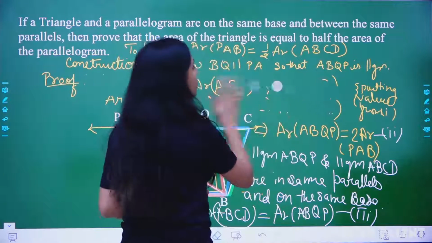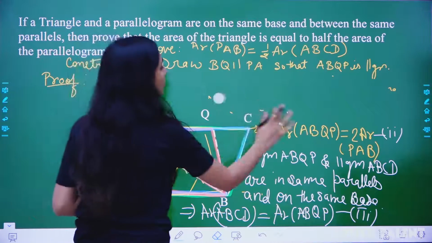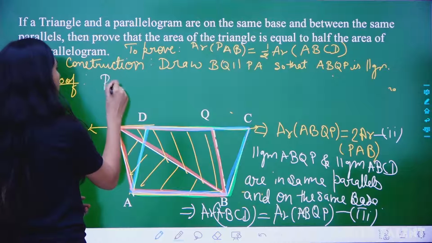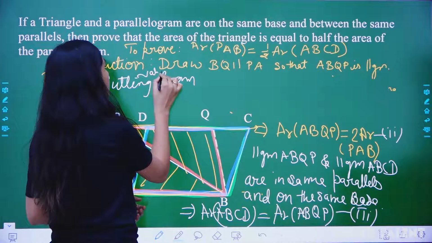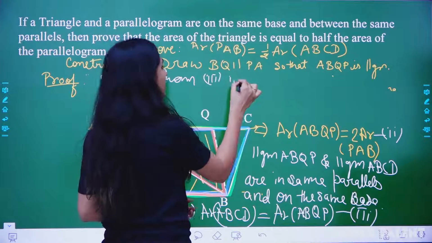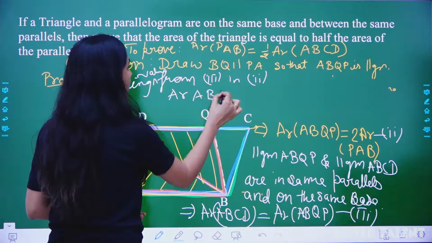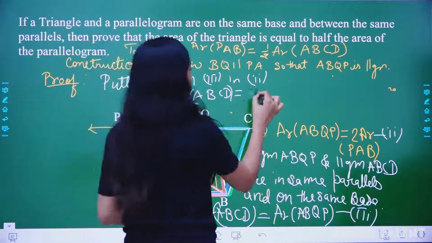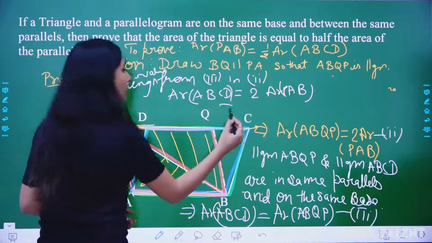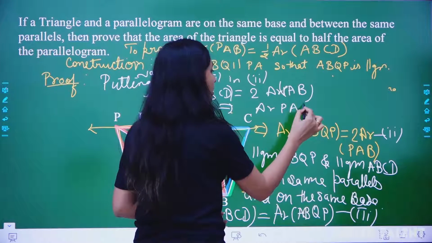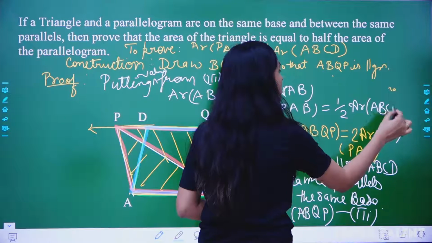So after that, we are just going to say that putting values from third in second, we are going to have that area ABCD is equal to 2 area PAB, and that will lead to area PAB is equal to half area ABCD.